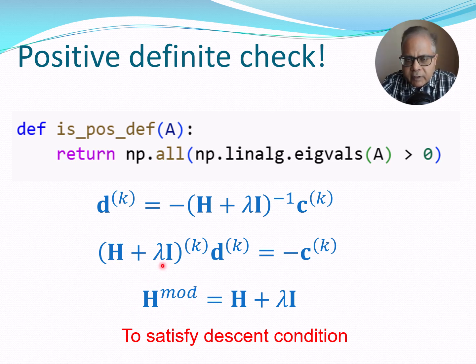But when lambda becomes nearly 0, it can happen that you encounter a matrix which is not positive definite, and in that case I simply replace H mod by I. That's a kind of safeguard built into the algorithm. One reason the H mod matrix should be positive definite is that it satisfies the descent condition, and positive definiteness also makes sure that we have a non-singular matrix.